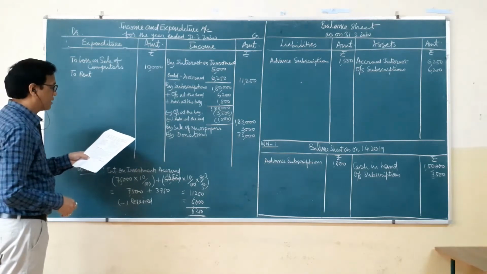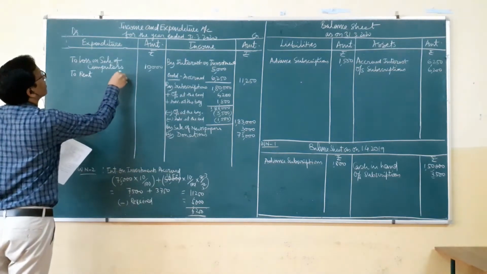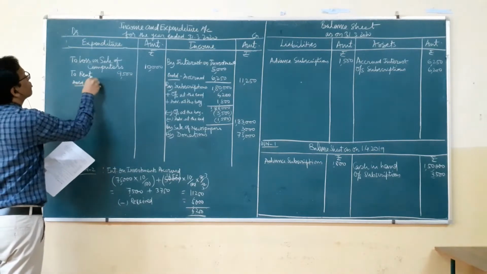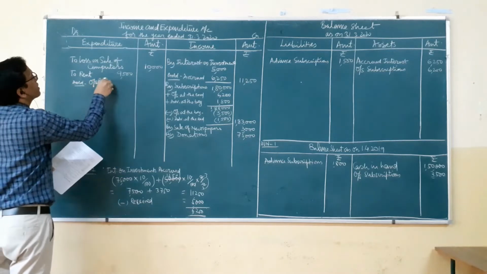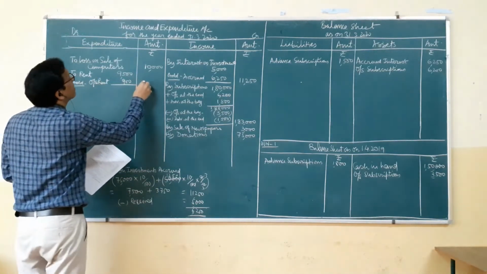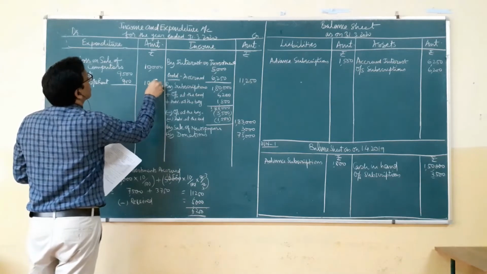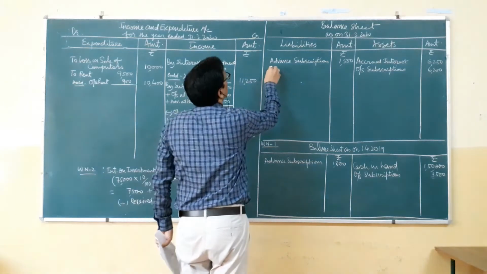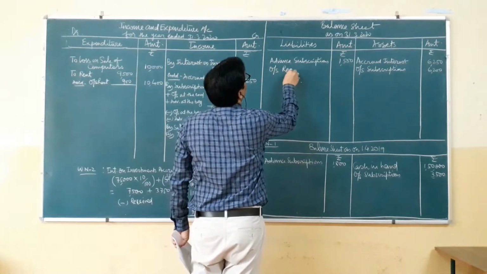We will plus here. So rent 9,500 and add here outstanding rent 900. So it becomes 10,400. This 900 outstanding rent is our liability for the current year. So we write in the current year's balance sheet.